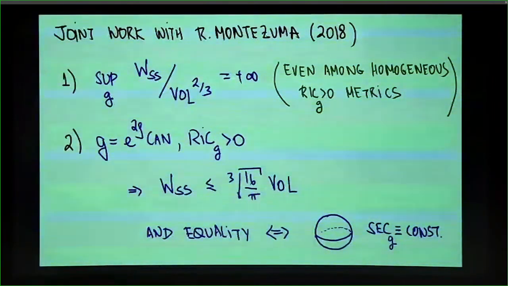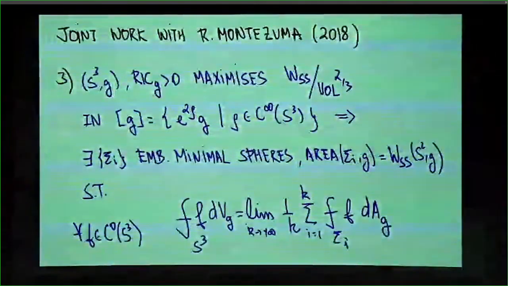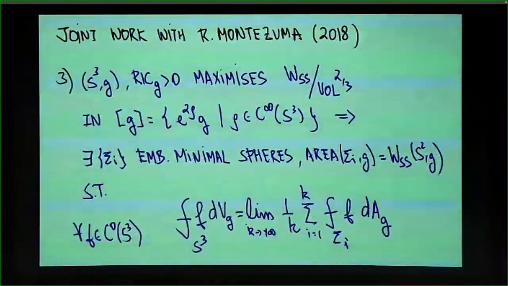And so we asked ourselves, what is really special about those locally maximizing metrics? Can we say anything interesting about them? Should they look like the round sphere, or what is really the Euler-Lagrange equation of this maximizing metric for this functional? And one of the properties that we deduced was the following.